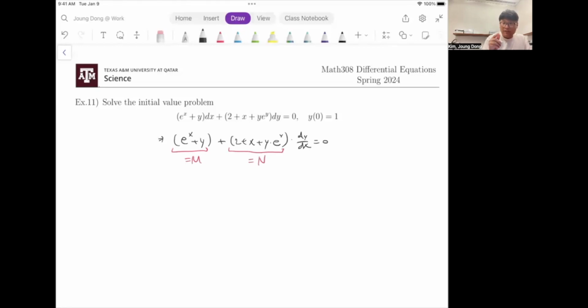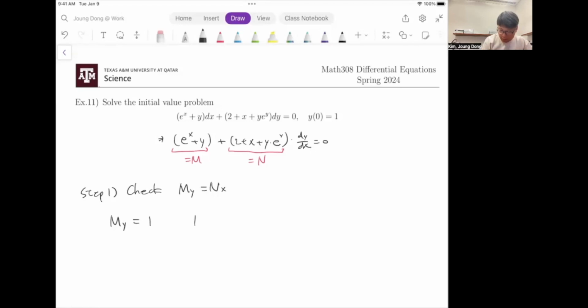Then what was the first step? You have to check whether it is an exact differential equation or not, right? So you have to check M_y is equal to N_x. What is M_y? M_y is the derivative of e^x, which is not e^x, but it is equal to 0 because e^x is constant for this differentiation, okay? And y' is 1.